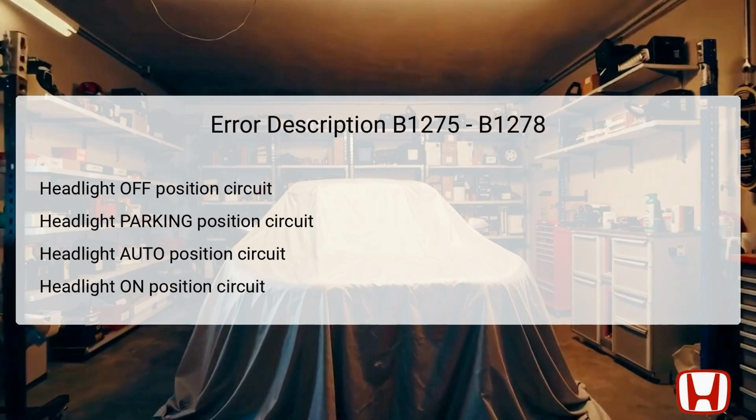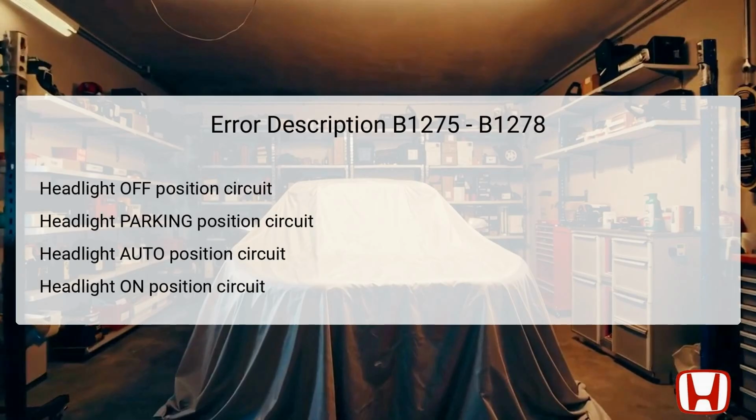The malfunction described by DTCs B1275 through B1278 specifically relates to the headlight circuit controlled by the vehicle's body control module, BCM. The BCM interprets signals from the combination light switch, which directly affects how and when headlights activate.